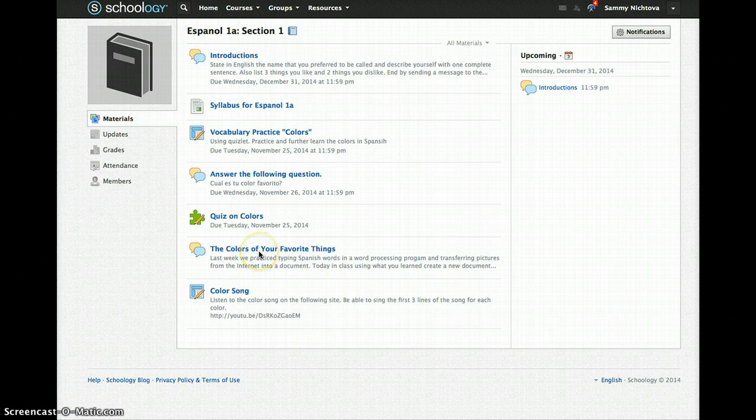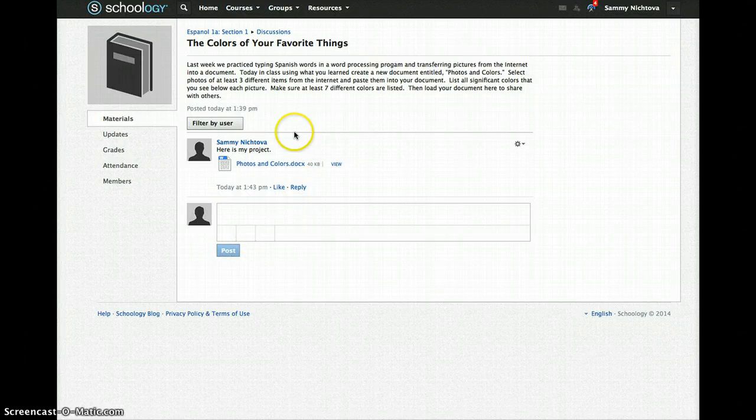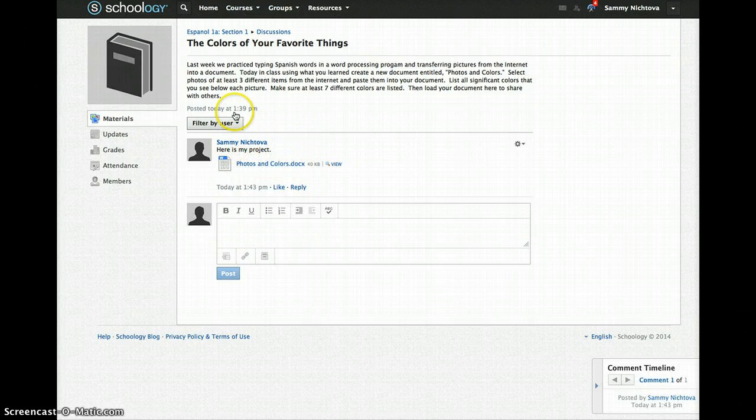For personalizing things, students could respond to a discussion on colors. And here, for example, is a project in which the students find pictures of things of various colors and then write the colors underneath it.